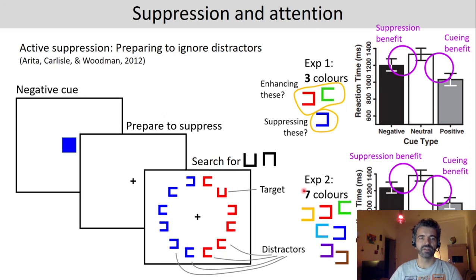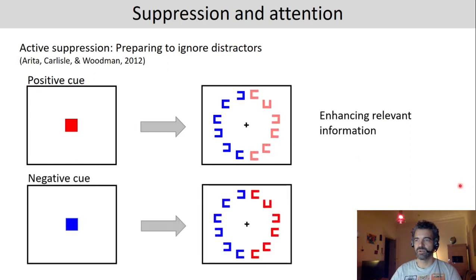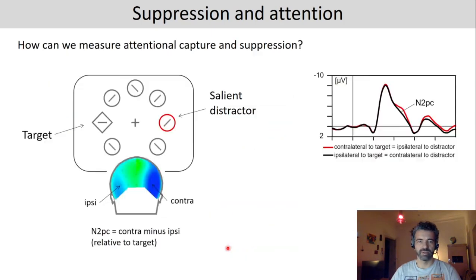So in sum, what this study shows is that negative cues can be used to suppress irrelevant items proactively, and the variation with the 7 colors suggests that they are actually using blue as a negative cue rather than recoding this and using a positive cue that consists of 6 other colors. So one more time, a positive cue would result in the enhancement of relevant information, whereas a negative cue would result in the suppression of irrelevant information.